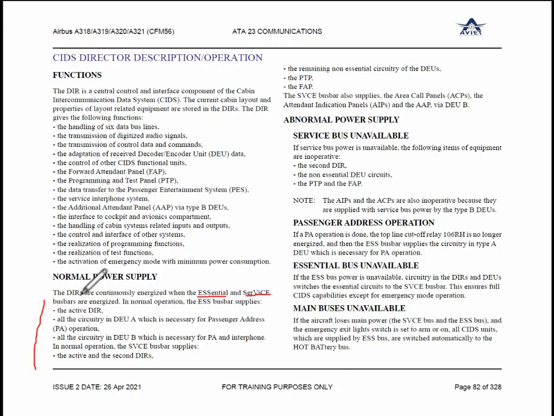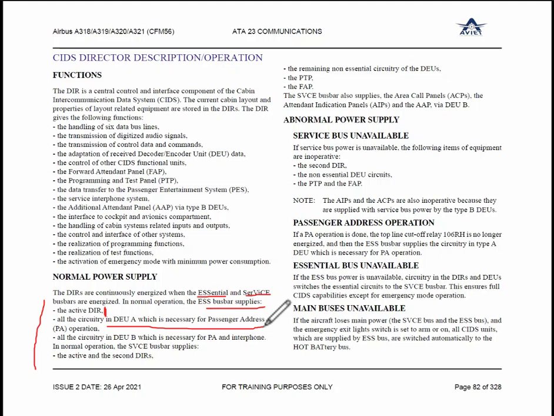Correct? Directors are continuously energized from the essential and service bus. In normal operation, the essential bus bar supplies the active director, meaning the number one director, and all DUA which are required for PA purpose. Some of the DUA may not be used for passenger address purpose, so they will not be supplied by the essential supply.